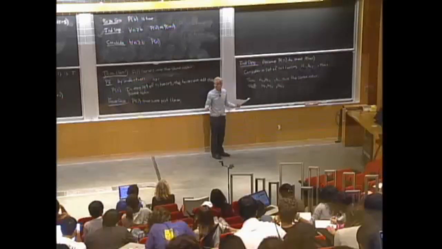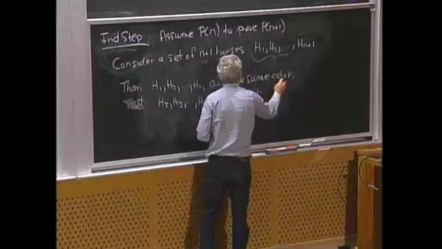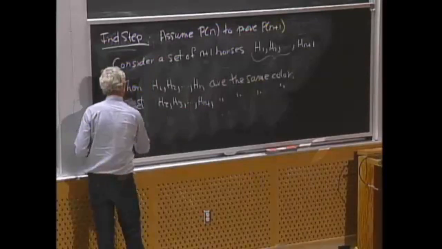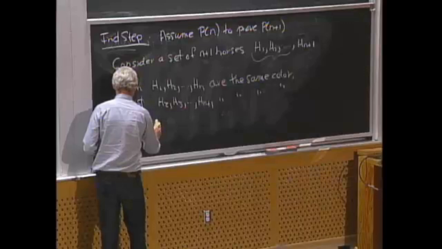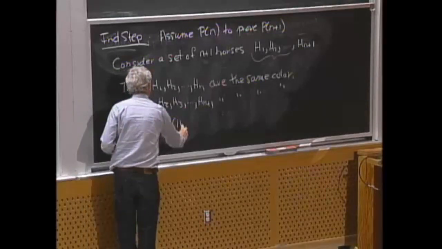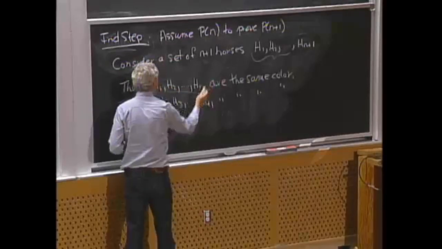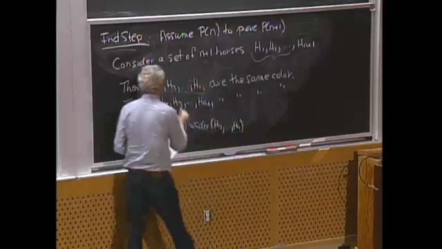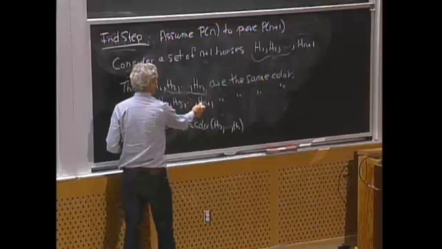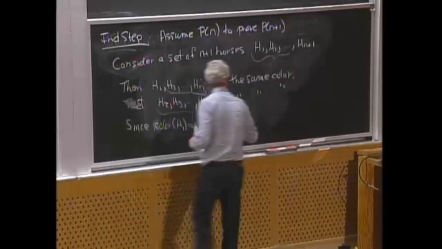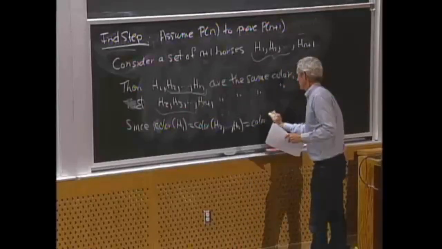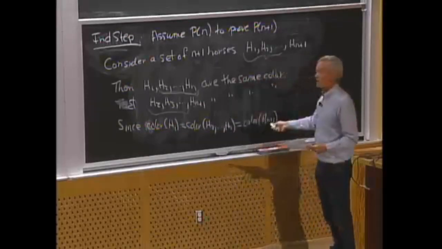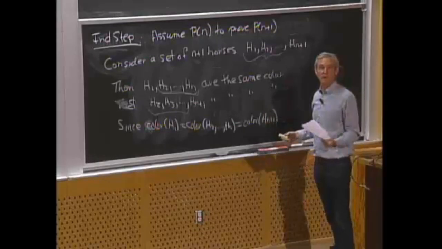All the same color because they're a set of n horses. Well, since the color of h1 equals the color of those guys, h2 to hn, I know h1 is the same color as these guys. I also know that hn plus 1 is the same color as those guys. That means that h1 is the same color as hn plus 1, and all n plus 1 are the same color.